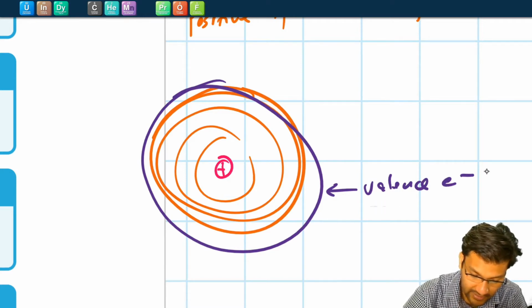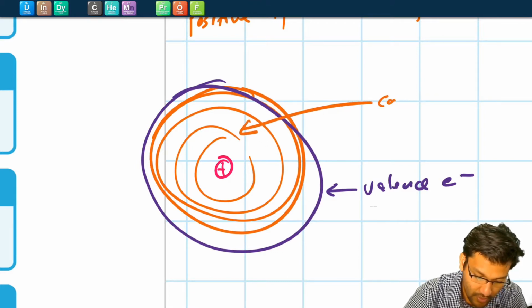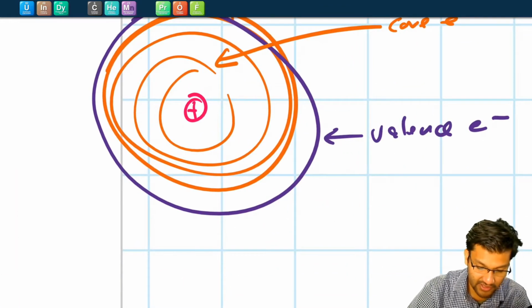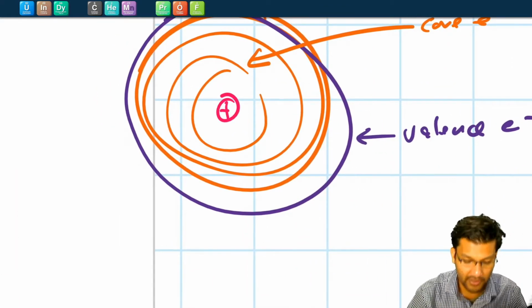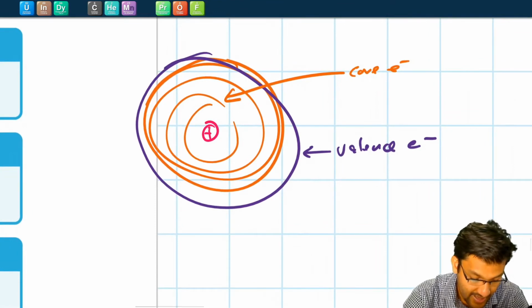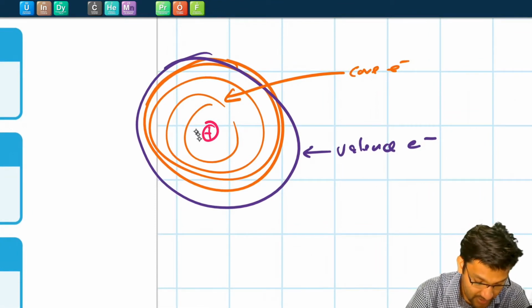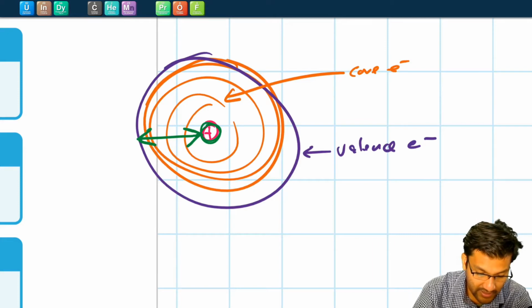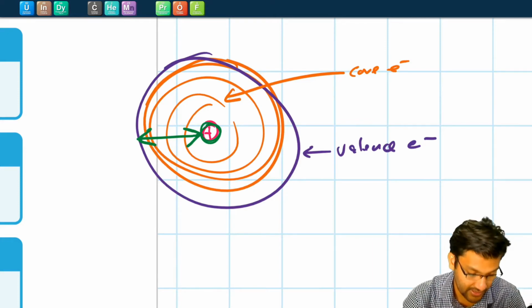And the innermost electrons are the core electrons. Because the valence electrons are the outermost, they're the ones readily available to do chemistry. So there is going to be a force between this nucleus and this outermost electron, the valence electron. And it's that force between those two that we're going to be interested in.